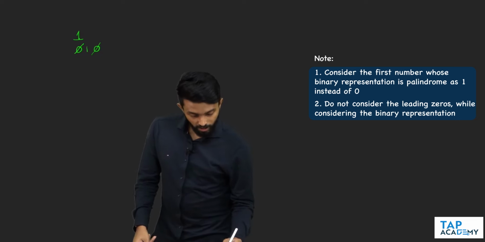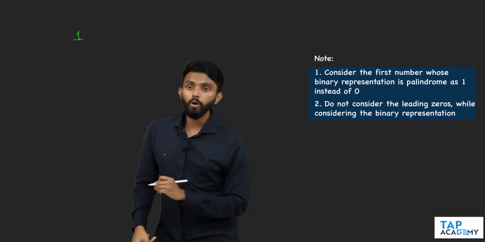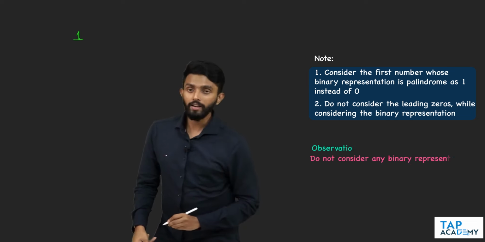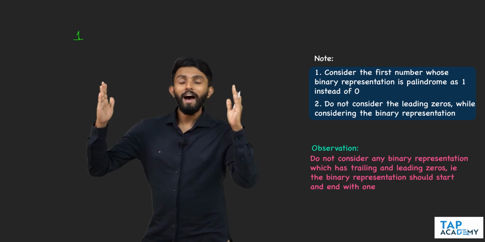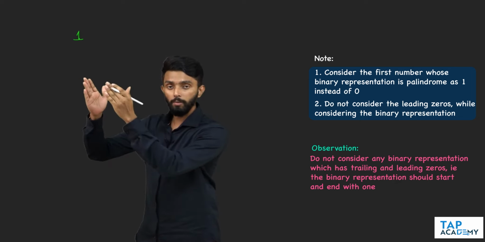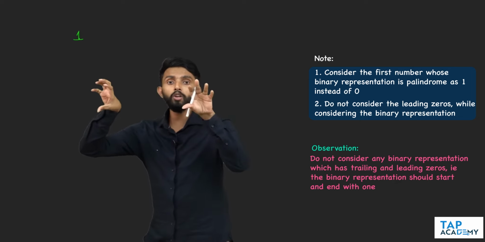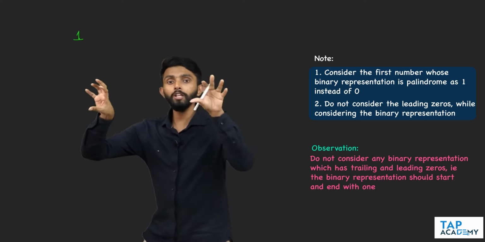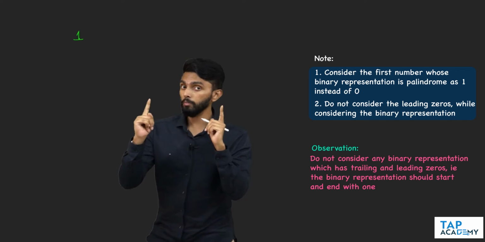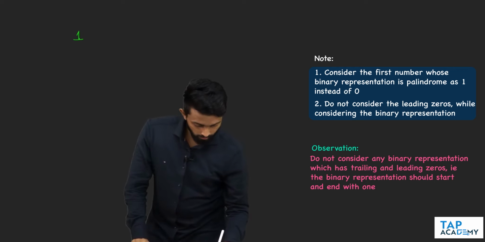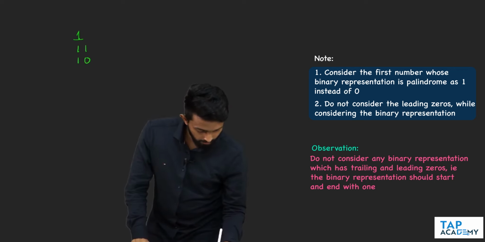Which means a very important observation I have, which is that if leading cannot be 0, trailing also cannot be 0, which means I cannot have any binary representation which starts with a 0 and ends with a 0. If it can't start with a 0 and end with a 0, the only other option is it must start with 1 and end with 1. Important point, which means this is acceptable, this is acceptable, this is acceptable.